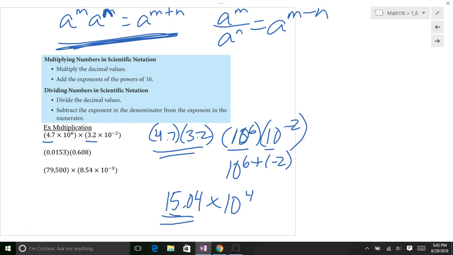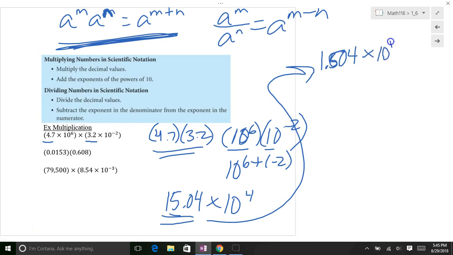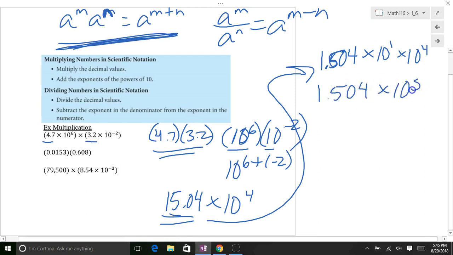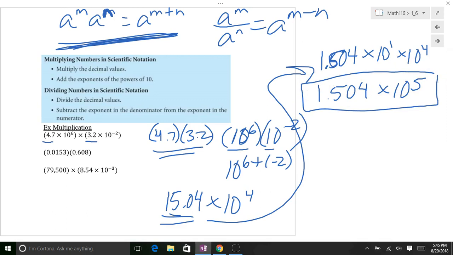So we got to move it over. So 15.04 becomes 1.504 times 10 to the 1, and I've still got this 10 to the 4. So 1.504 times 10 to the 5th.